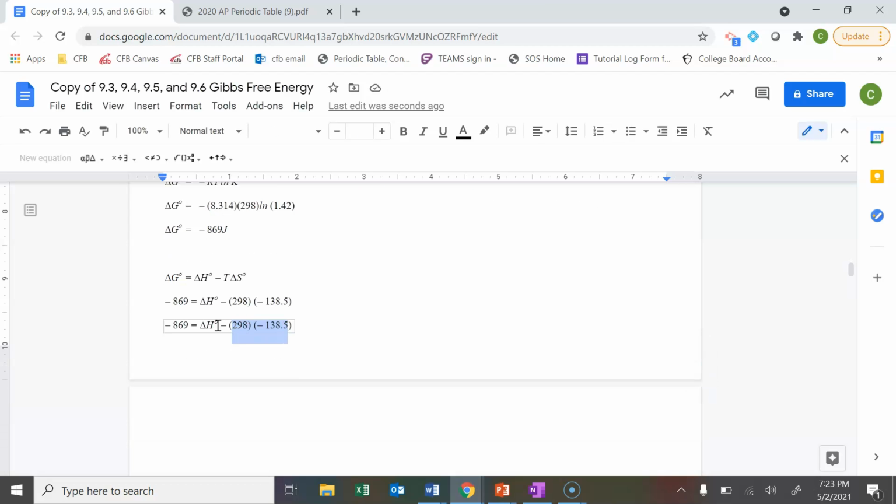So if I multiply these numbers by each other, then I would be subtracting a negative 41,273, or you could say I'm adding 41,273. Okay, so now if I want to find out what delta H really is, I'm going to have to subtract.